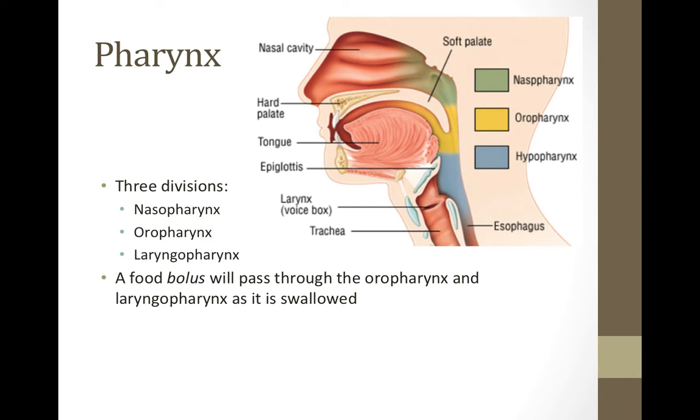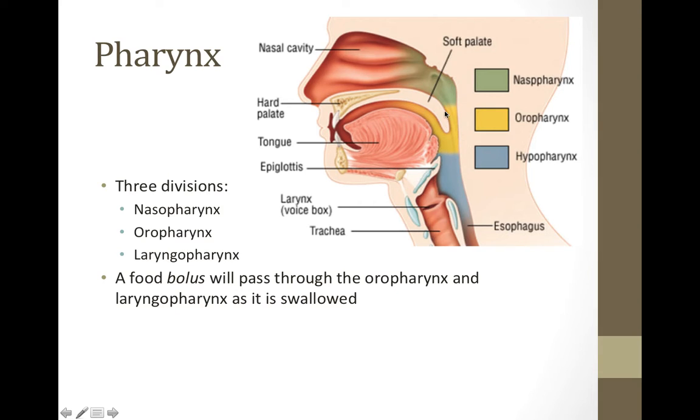All right, your pharynx is basically what you think of when you hear the word throat. Okay, so your throat is your pharynx, and it's divided into 3 parts based on which cavity it is behind. So your nasopharynx is just behind your nasal cavity, so you can see here, you see your nasal turbinates, you have your nasopharynx.